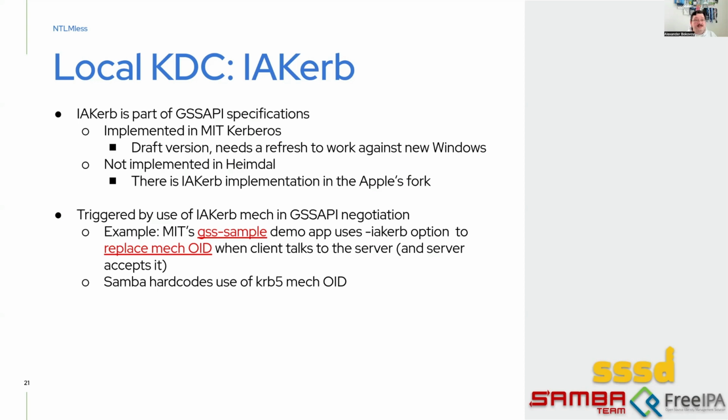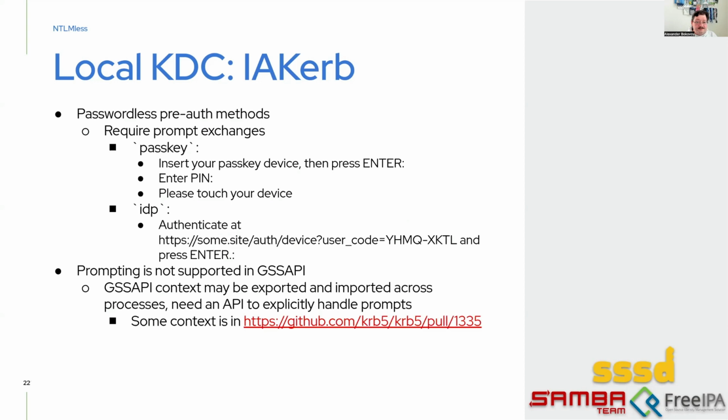MIT Kerberos actually does not use IAKerb in its set of OIDs that it chooses to negotiate if you're not specifying the concrete mechanism OID. So it will not be triggered by default. So you have to modify applications. But that's okay. We can try and modify that.